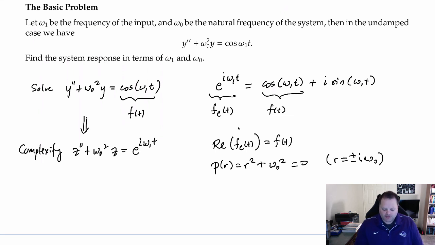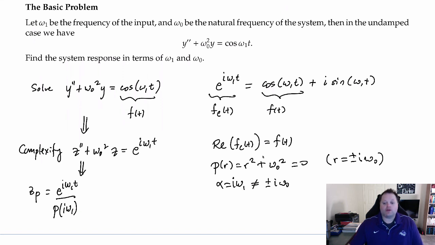And so because alpha, which is omega 1 here, is the frequency of our forcing term, since it is not equal to plus or minus i omega naught, then we're in case 1 from Monday's lecture, meaning that our particular solution is a copy of the exponential divided by the characteristic polynomial evaluated at i omega 1.